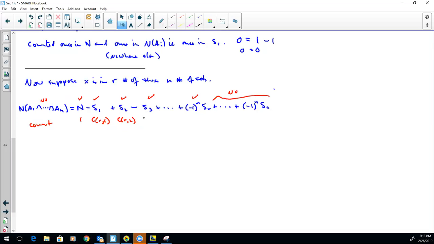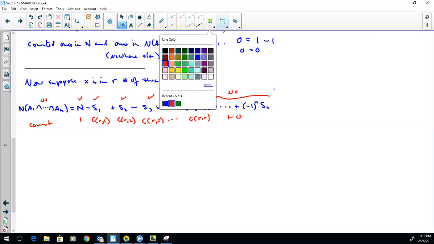X is in R number of those sets, so the 3 intersection ones, it's in R choose 3. Okay, and down here, in minus 1 to the R, S sub R, R number of the sets contain X. So of those R sets, there's only one way to pick R of them. And of course, it's all 0 from there on. Okay, I'm not sure I'm making sense here, but we're going to go with it anyway.